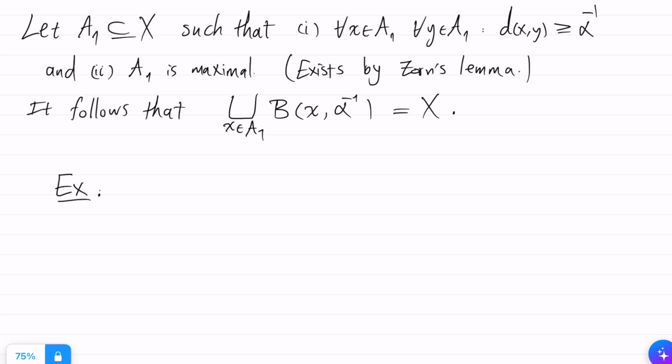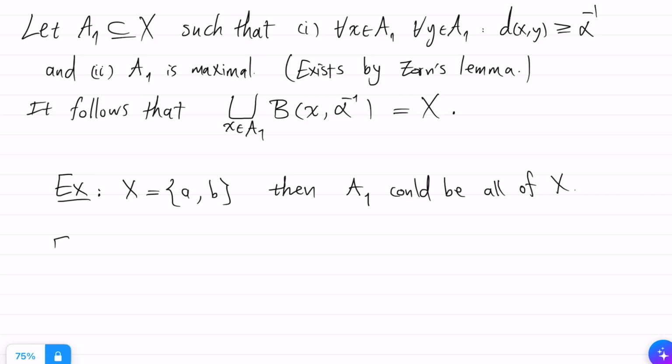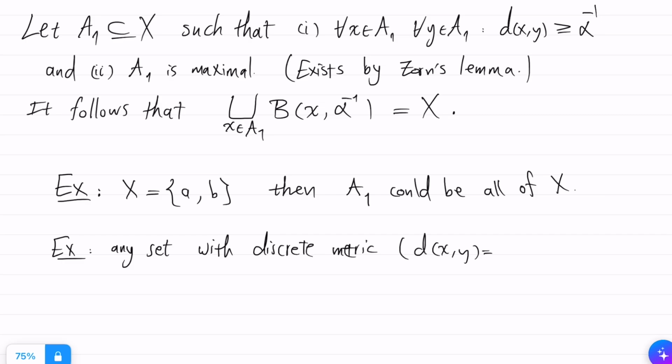For example, if your metric space consists of just 2 points with some reasonable distance between them, then A1 could be all of X. Another example could be you take any set with the discrete metric, I think it's called, with the distance of any 2 points meeting that requirement, say 1 over 5.